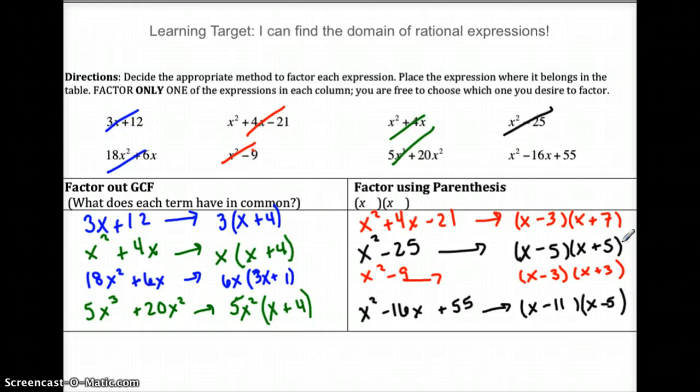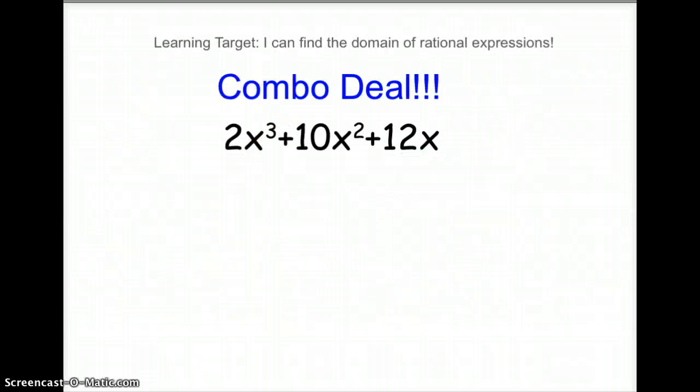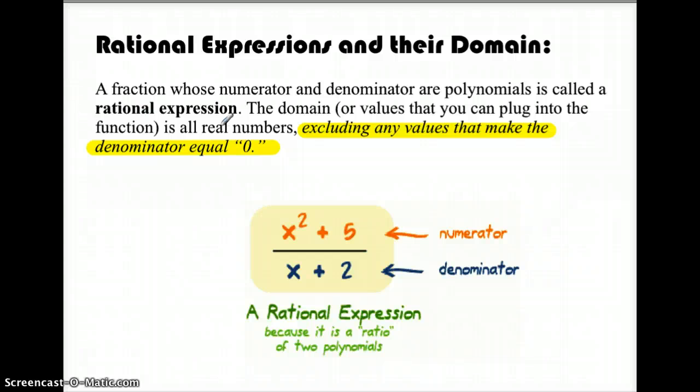Alright, so that's just a good review of factoring. What's up next is actually finding the domain, okay? So the reason this is important, rational expressions are fractions that have expressions with variables on the top and the bottom. And so you've got to be careful because there's a big difference.